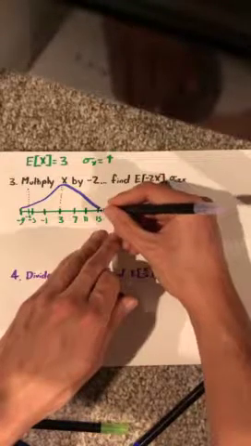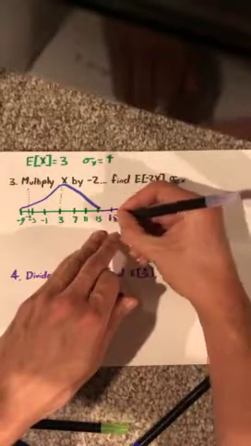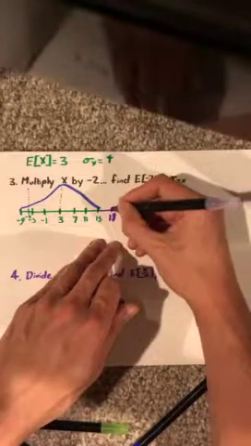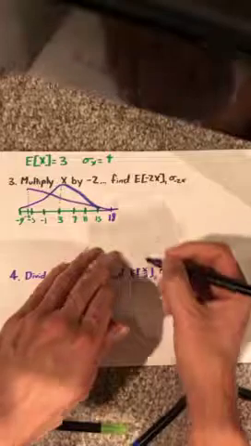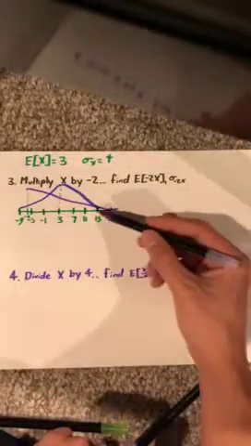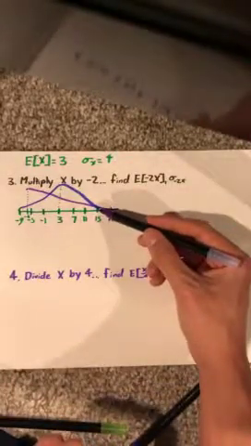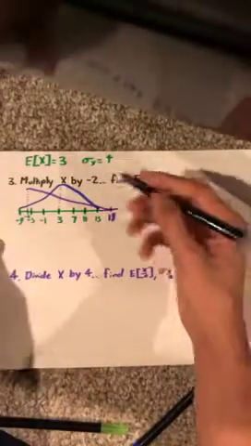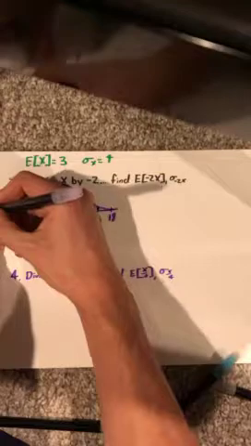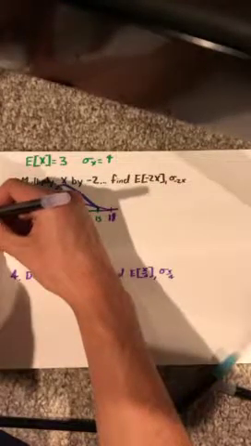So our distribution range is all the way over there. Then we find the top point of our x distribution, which is 15. 15 times -2 is going to be -30, which is way down here.